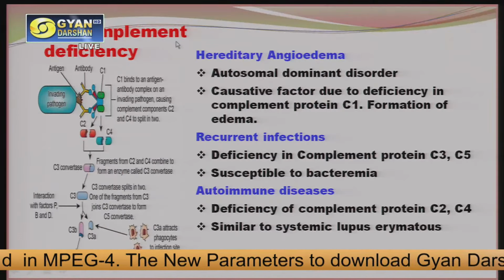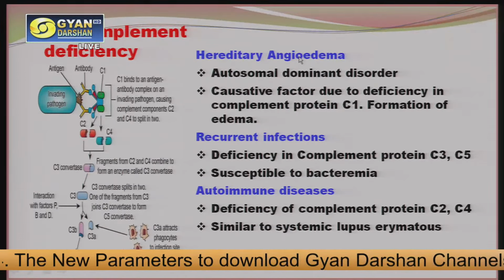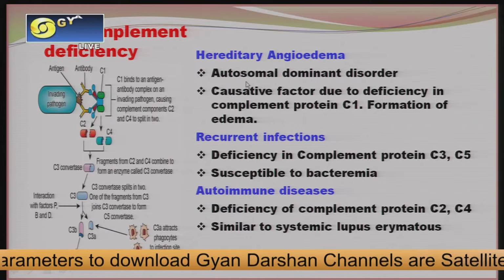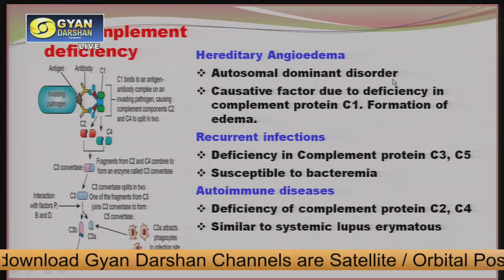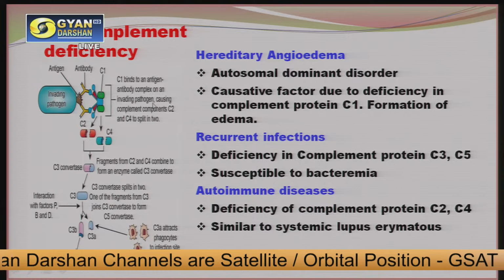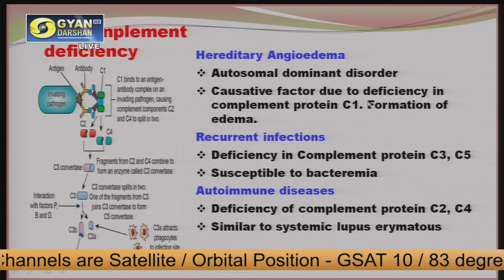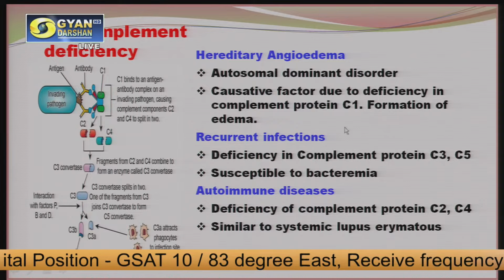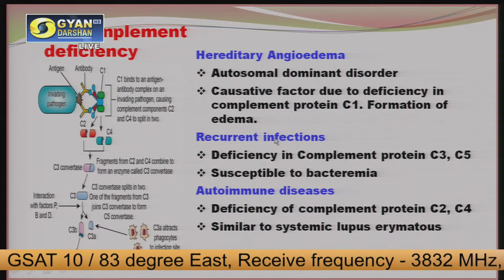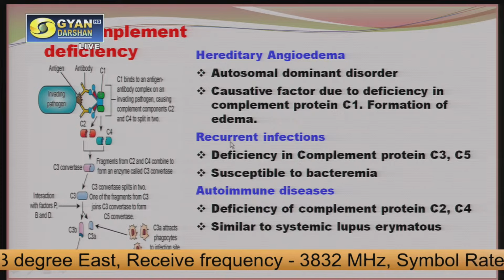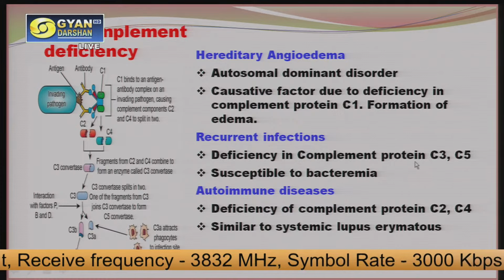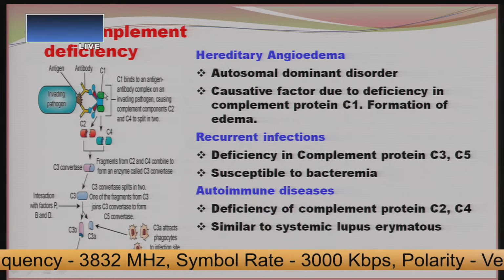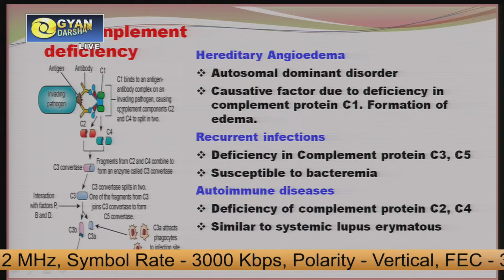And the fifth one is complement deficiency. Hereditary angioedema is an autosomal dominant disorder. In this case, the causative factor is deficiency of complement protein C1 and formation of edema on the surface of the body. And recurrent infection is due to deficiency of complement proteins, as I have already discussed in the pathway of the complement proteins.